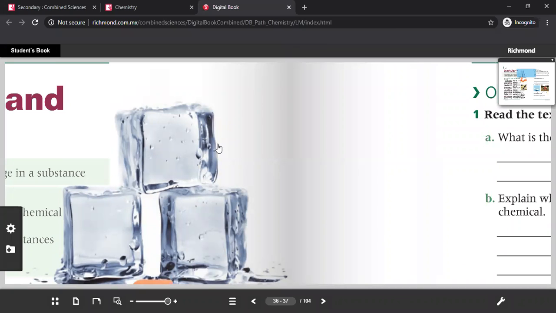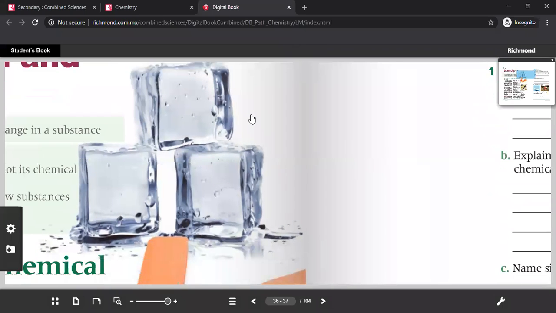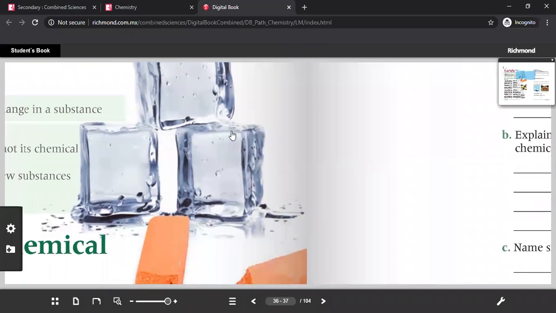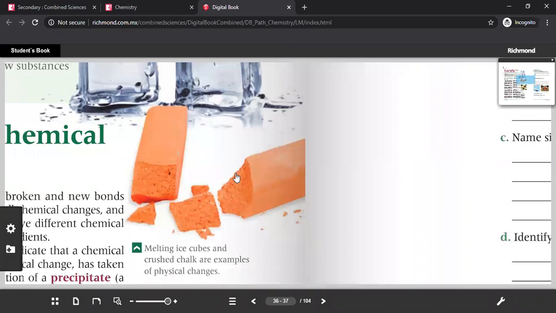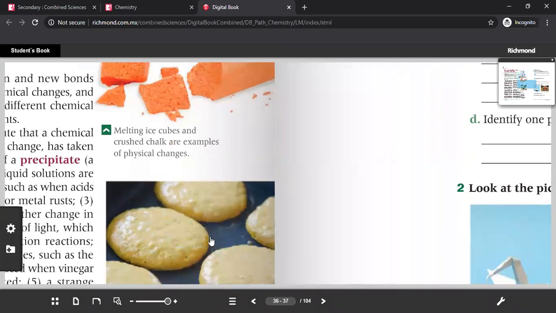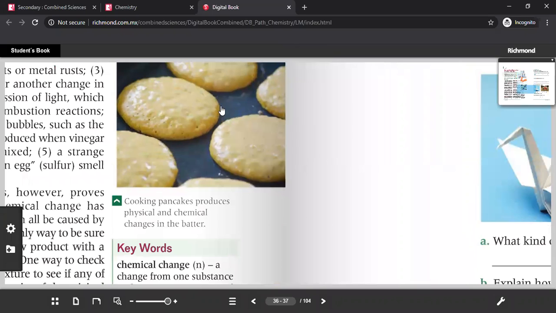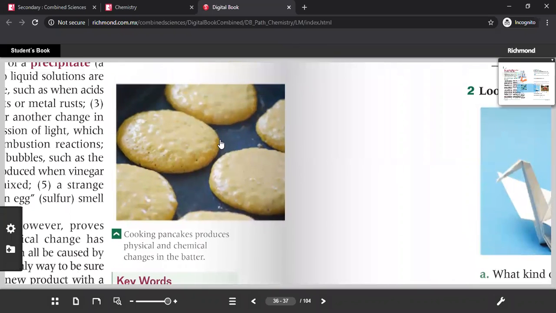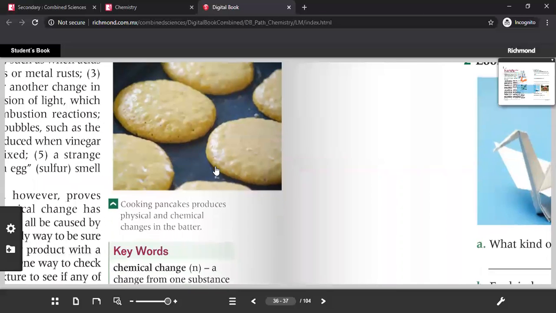Here, for example, after zooming in on the image, we can see the ice cubes, right? The typical example. Then crushing chalk. Remember, we also had an animated image of chalk being crushed, and also cooking, right? Cooking pancakes obviously is a popular way to illustrate the chemical changes.